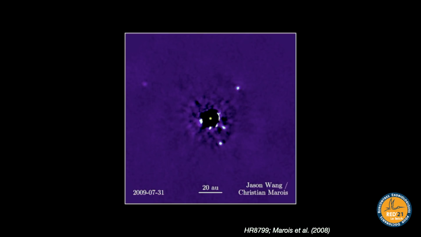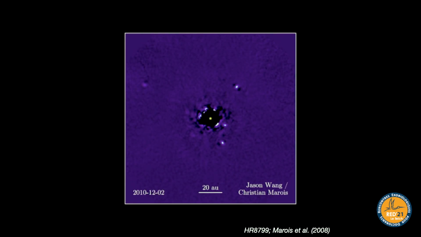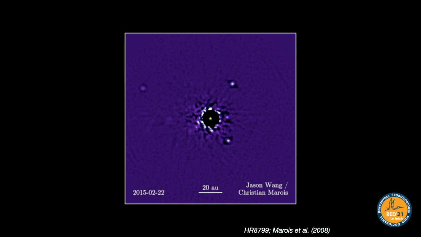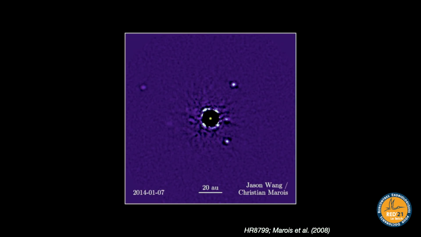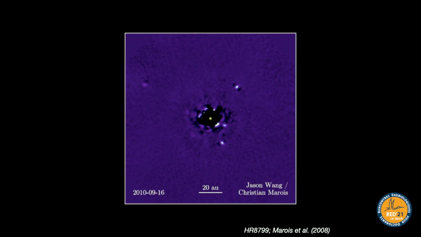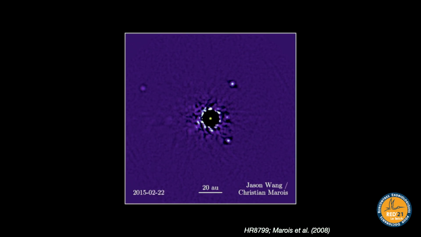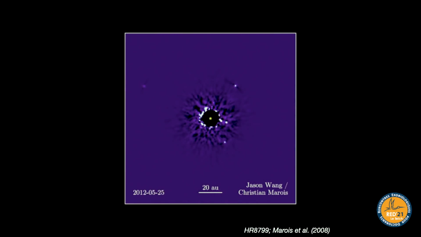What is interesting here is that because we are able to observe these planets not only at a single time, but we can come back year after year, we see that these objects move over time, just as we see the planets moving around the sun. That gives us additional information on those planets, because we have an idea of the orbital period of these objects.